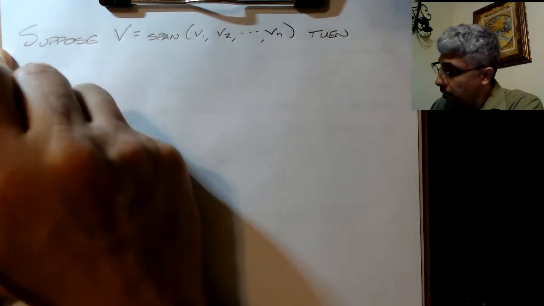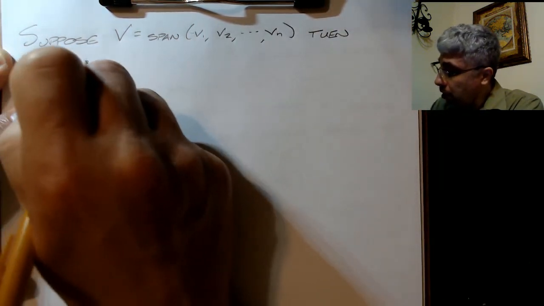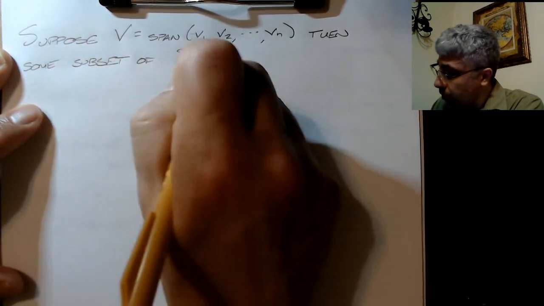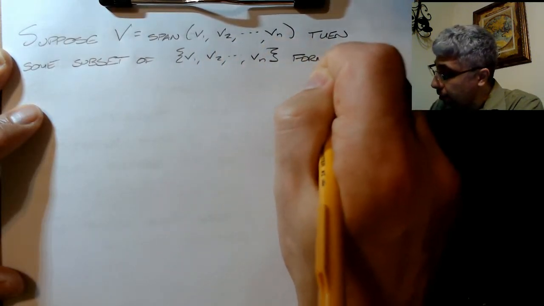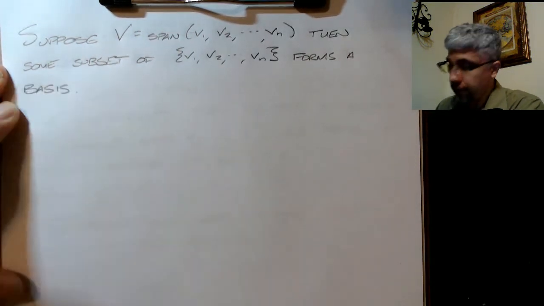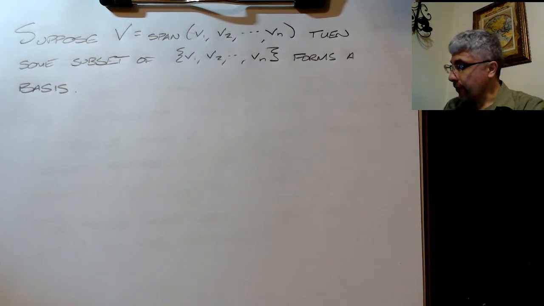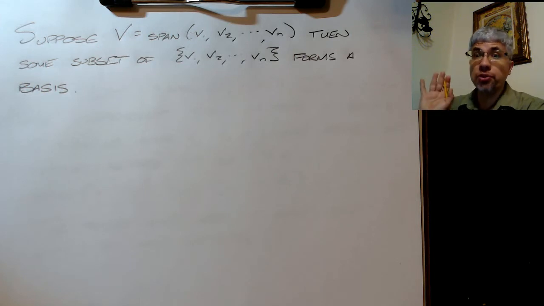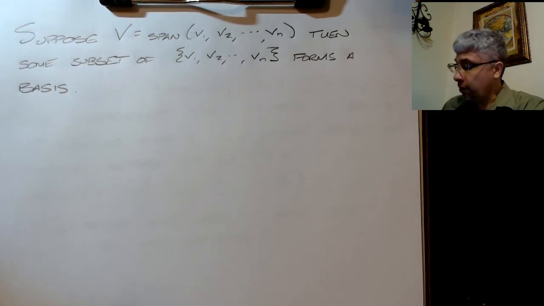Then some subset of the set V1 through Vn forms a basis. Okay, so that's what this says. You can always just remove some of them to get a basis. I don't have to replace anything. I don't have to put in combinations of these vectors. Just removing is enough.